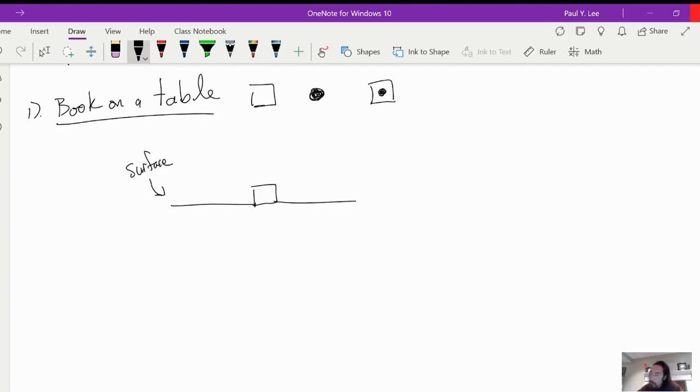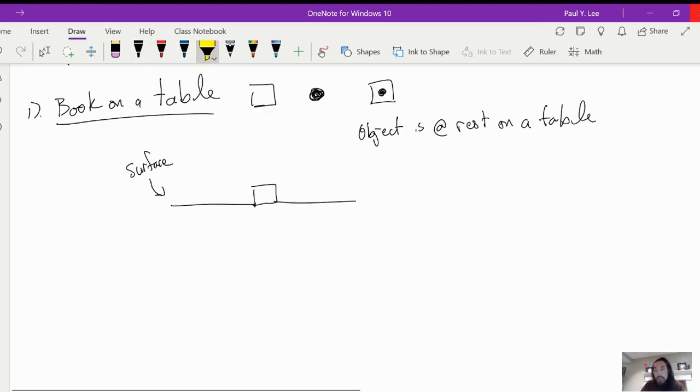And that's still very important here. So if we have a book on the table, we can say object or the book is at rest on a table. So now you can see I'm adding to my verbalization here, I'm including this part on a table. And that is because the table or the surface will give us a force.